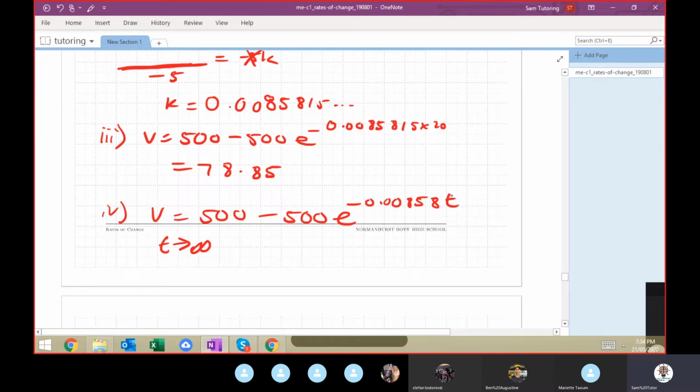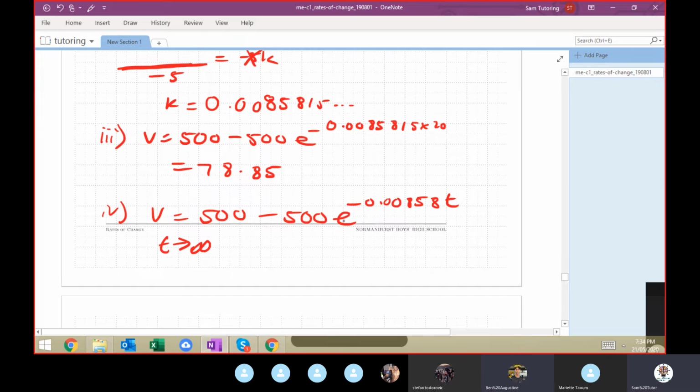Infinity, right? Times by negative 1. Would it be negative infinity?